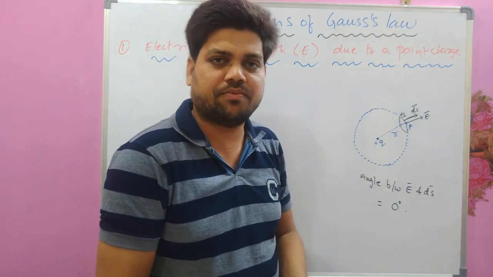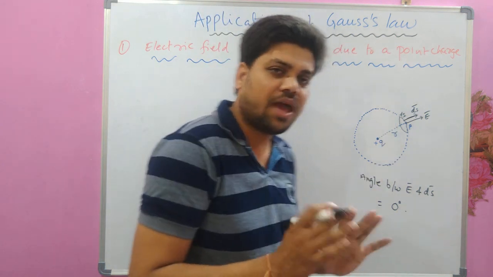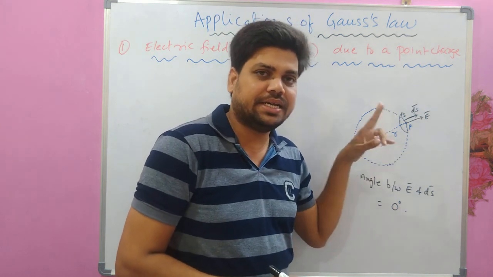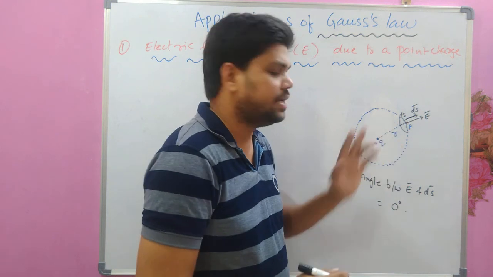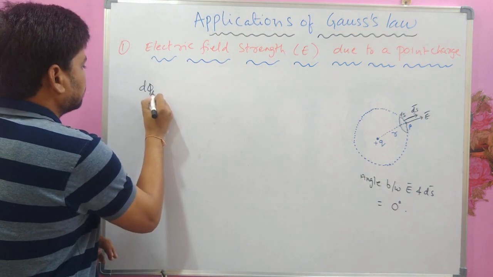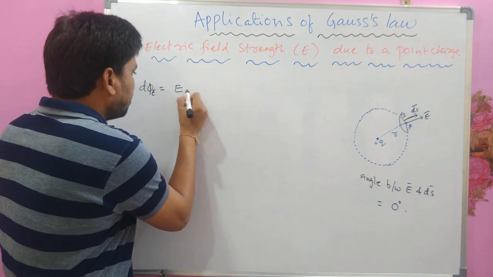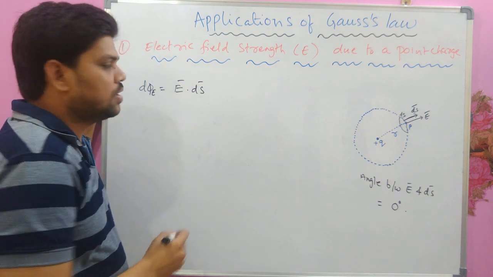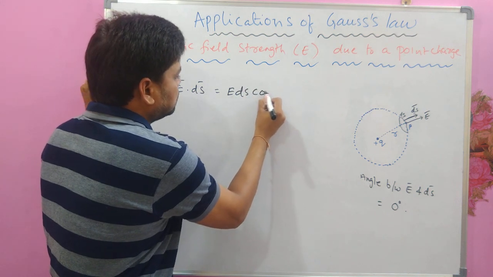What is the next step? Fifth step. Find the electric flux passing through this small area element dS. Small area element dS, that is dΦE. How much is it? E dot dS, which we write as E dS cos theta.